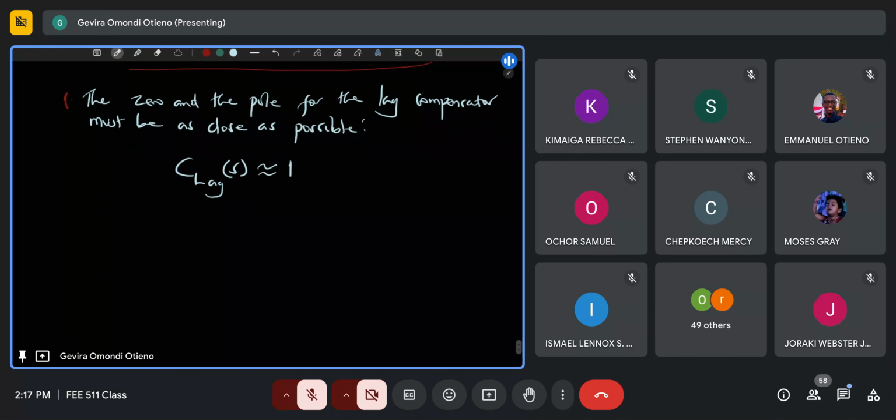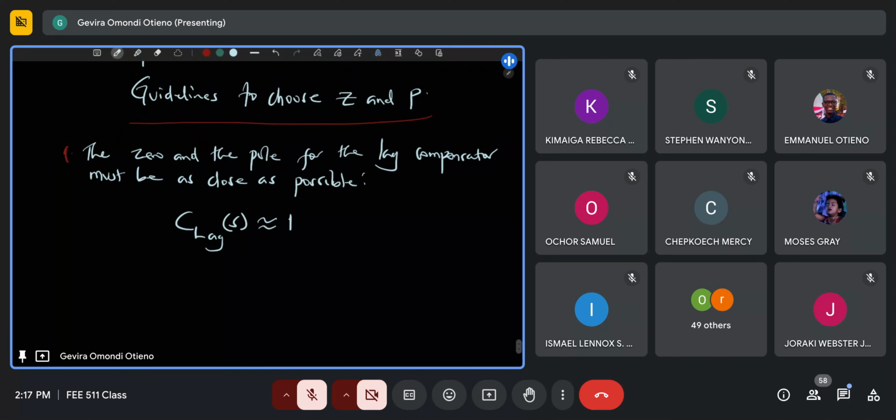Remember, when we were tuning our system using the lead compensator, when we were trying to determine the zero and the pole location, the idea was to use the angle condition, so that all the angles of the poles and the zeros must equal 180 degrees or an odd multiple of 180 degrees.